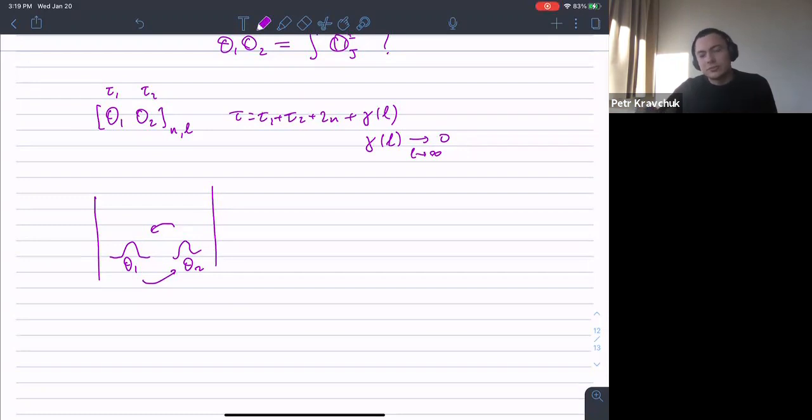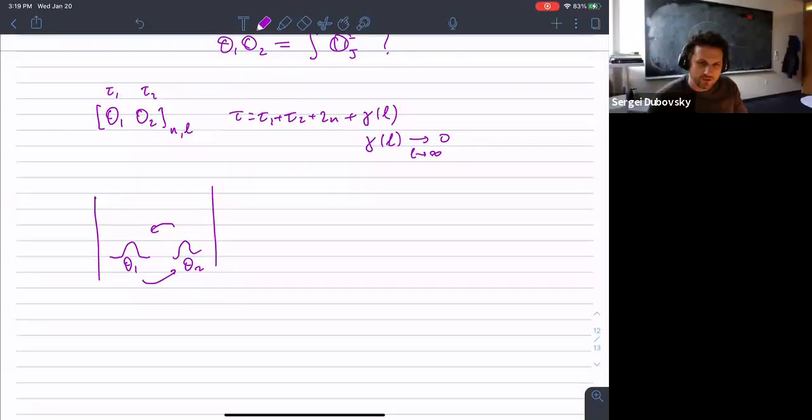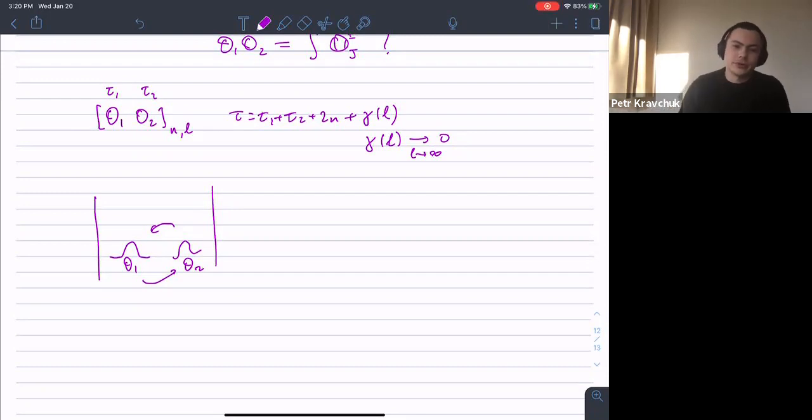And so what is the intuition behind the existence of these Regge trajectories? Oh, first of all, you can perturbatively write them and study them.